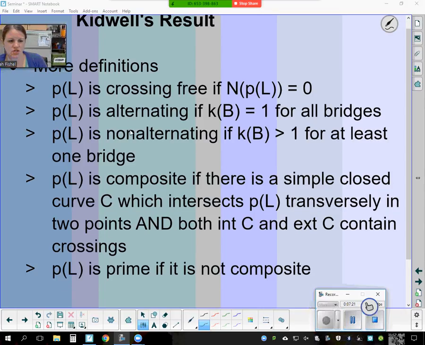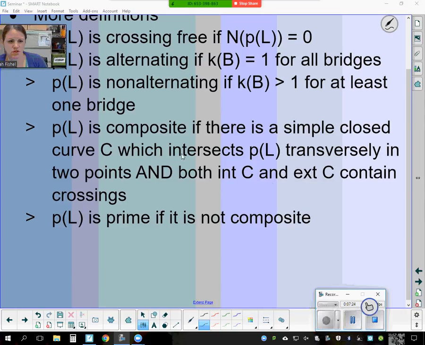Your projection is composite if there's a simple closed curve C which intersects your projection transversely in 2 points, and both the interior of C and the exterior of C contain crossings. So the simple way that I have been thinking of this, with the help of Dr. Wiley, is if you can circle a portion of the knot and intersect it in exactly 2 places.